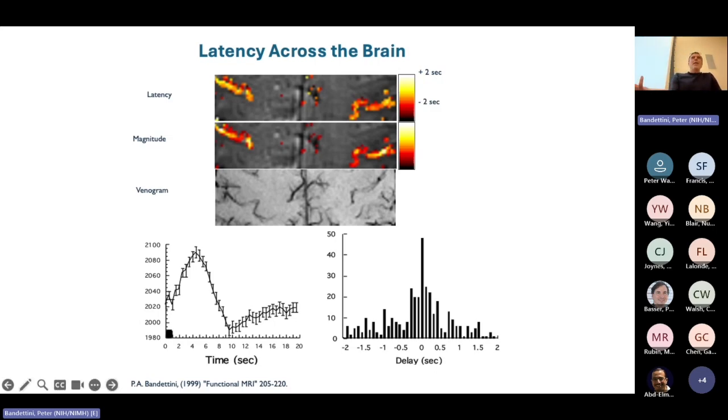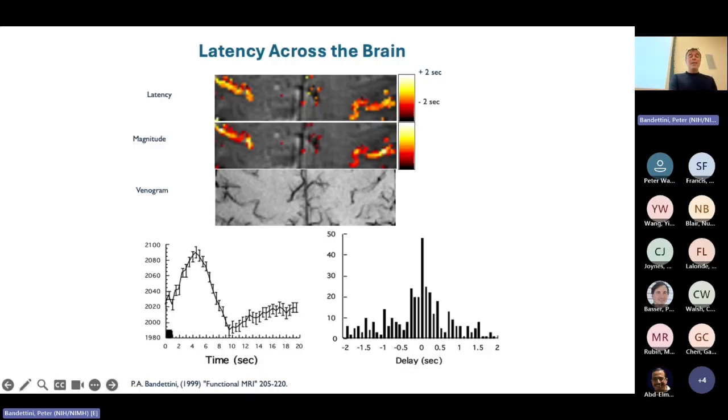But a very simple way of probing latencies is just taking your canonical hemodynamic response. This was event related, so we tapped for 1 second, and just shifting that forward and backwards in time and finding where the correlation is highest on a voxel-wise basis. Very straightforward. It's been around forever.